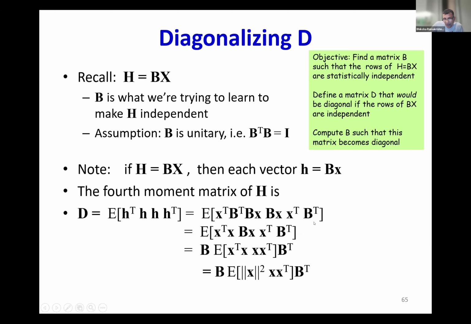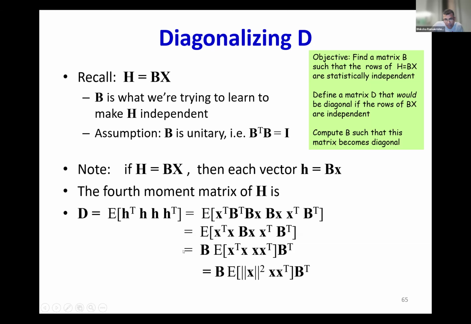Yes. And so now I can just write this out as expected value of X transpose X times BX times X transpose B transpose. But what is X transpose X? This is a scalar, correct? So I can bring the B out. And so you want B times the expected value of X transpose X, XX transpose times B transpose.